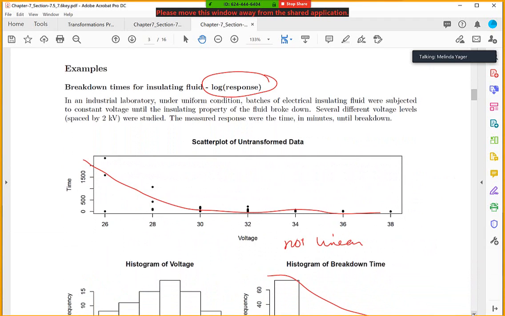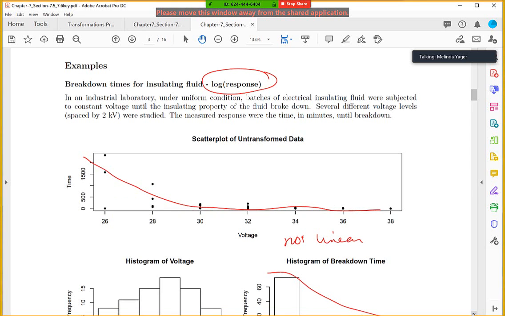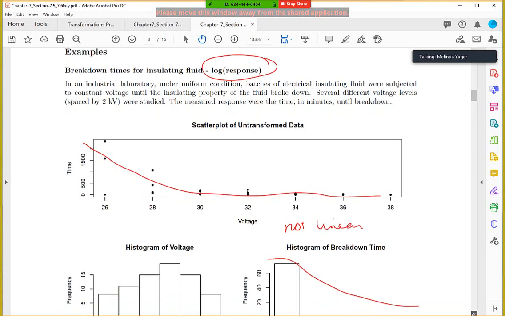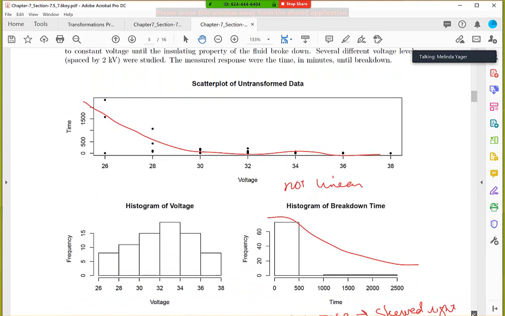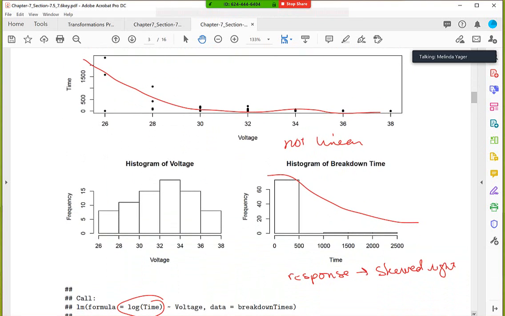We look at three different types of transformations: a log transformation of just the response variable, and then transformations of the explanatory variable and of both variables. A good time to use a log transformation is when we have a skewed distribution.